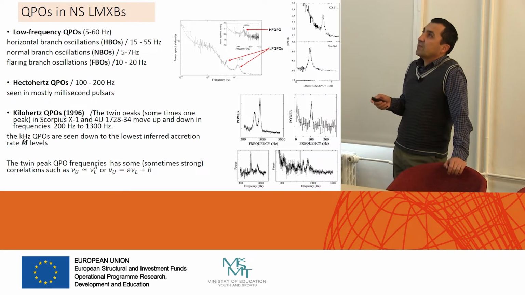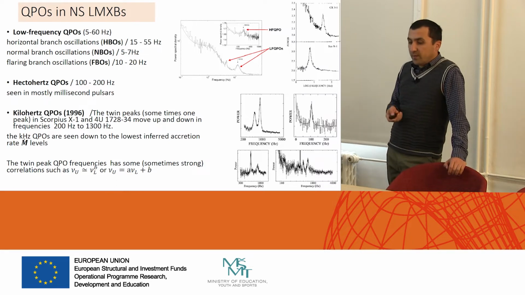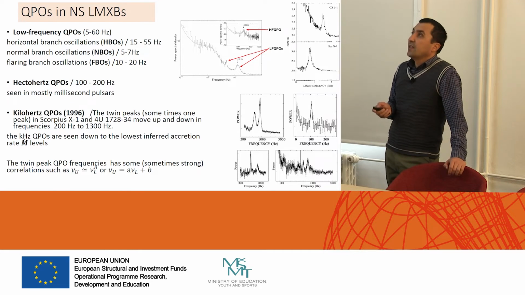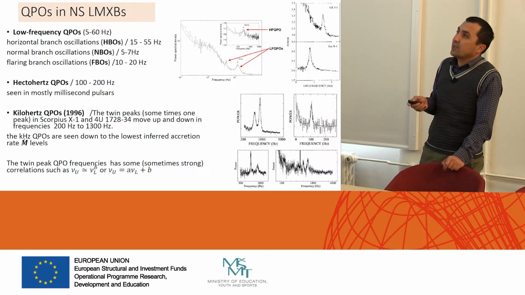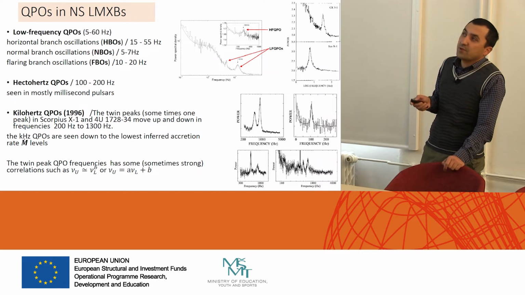Here are some categories of quasi-periodic oscillations in neutron-star low mass X-ray binaries. Here we see the low frequency QPOs, and these categories are high frequency QPOs.